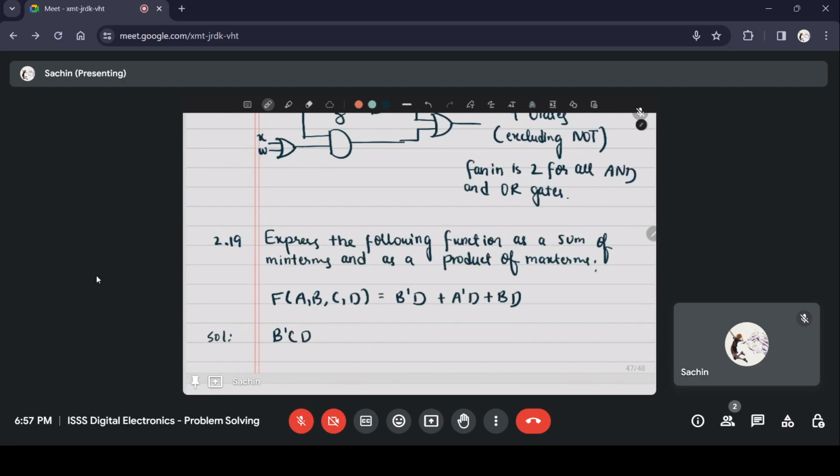First we will introduce one variable extra in each term. So what I am doing here is I am writing this as a plus a prime into bd. Since a plus a prime is 1, the expression doesn't change, and then I use the distributive law to distribute bd to both a and a prime.